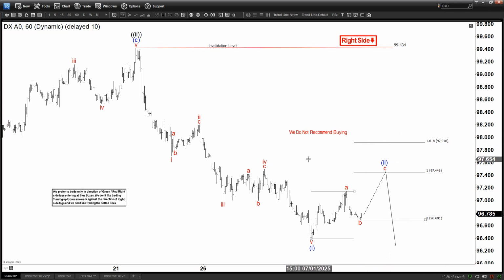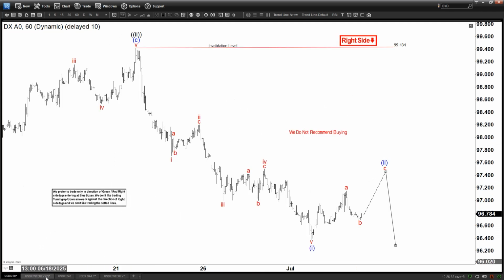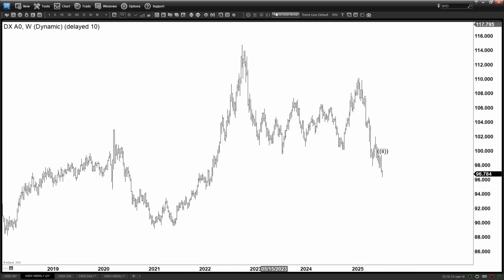Now if I zoom out to the weekly time frame, I'm putting wave 2 here, which is the same wave 2 on the weekly. If you look at it from 2022, you clearly see a sequence of lower lows.